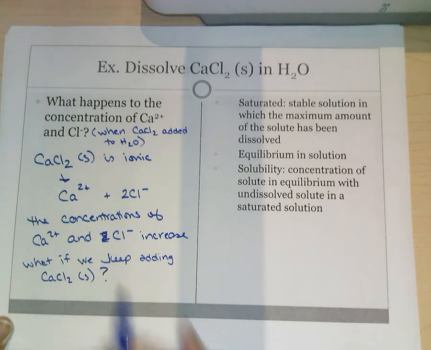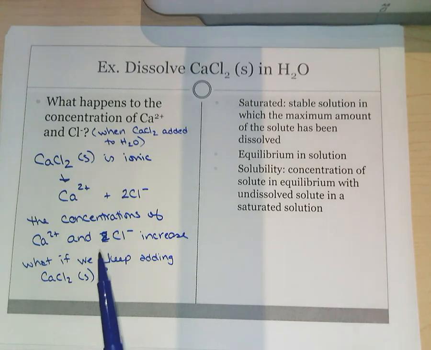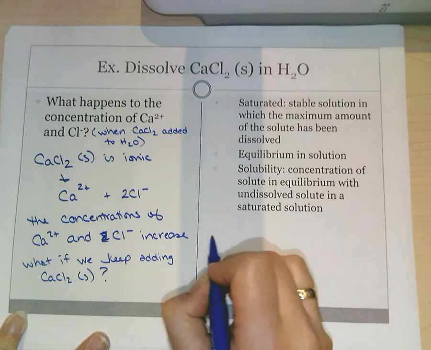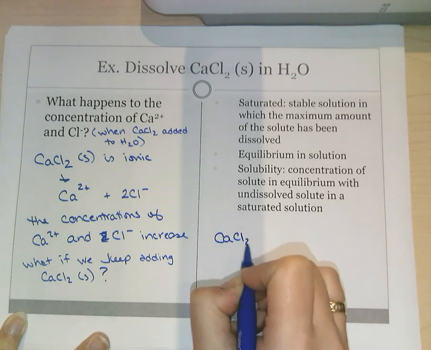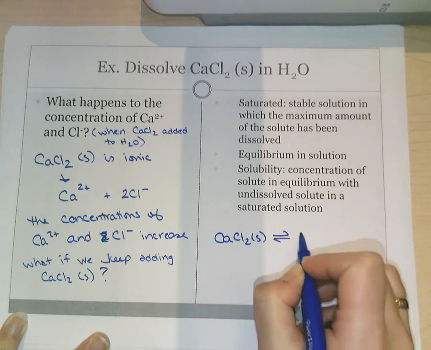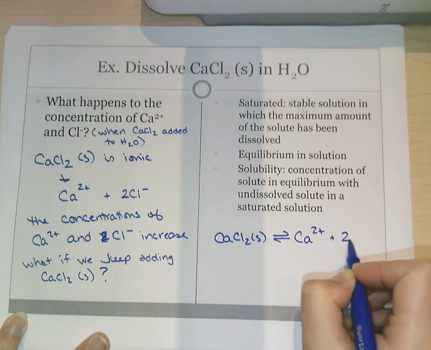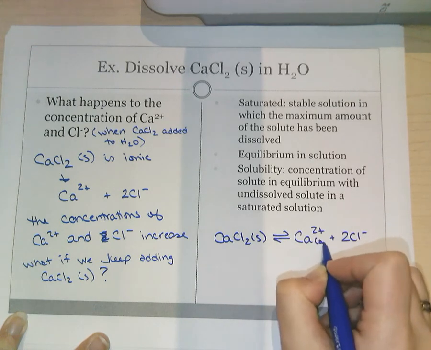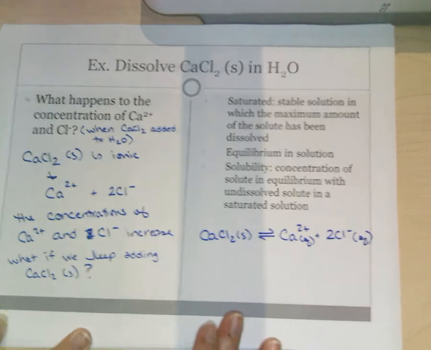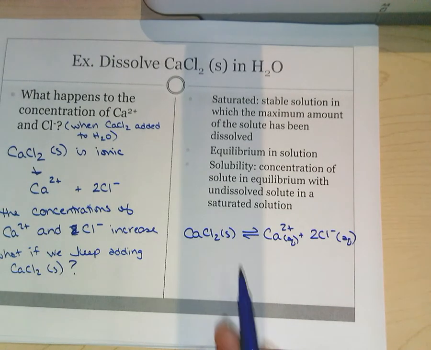What if we keep adding some calcium chloride as its solid form? What will keep happening to these concentrations? Right? They keep increasing until we get to a point that no more dissolves. Right? Because we could think about it in terms of that. What do these little double arrows mean?